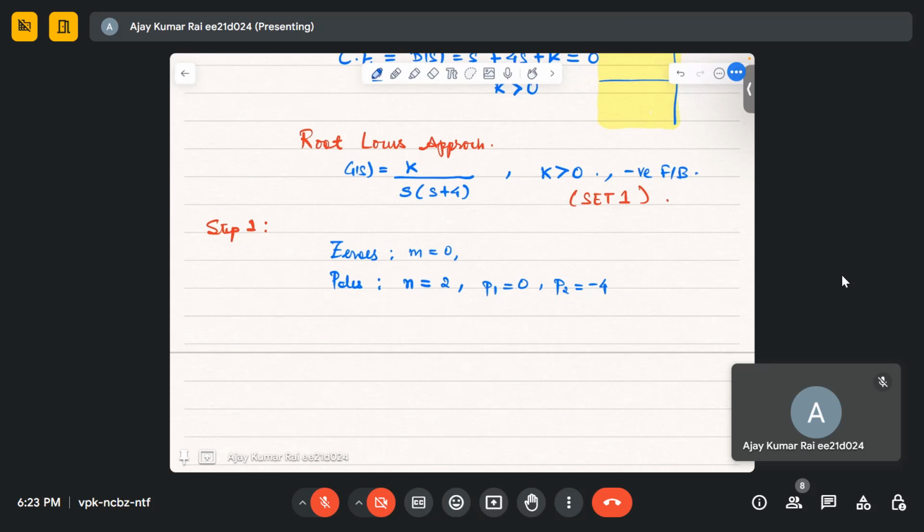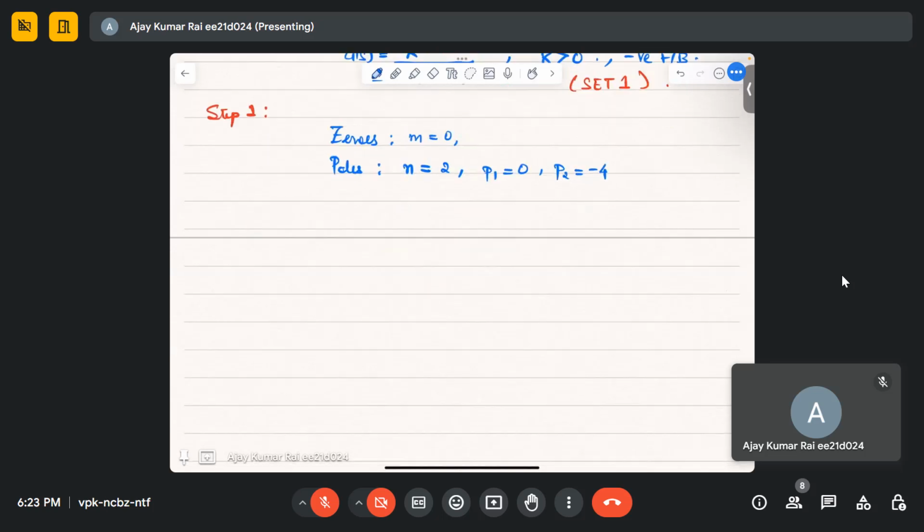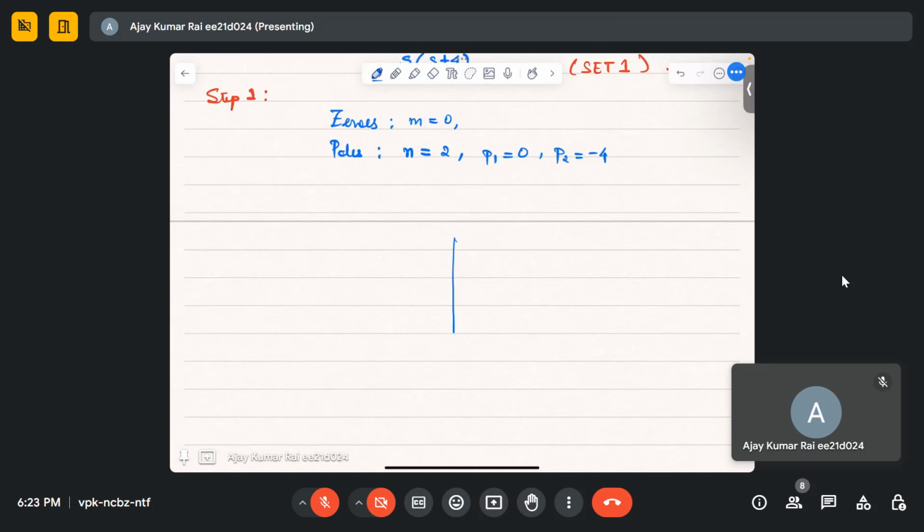Okay, let us plot this. Only two poles are there.